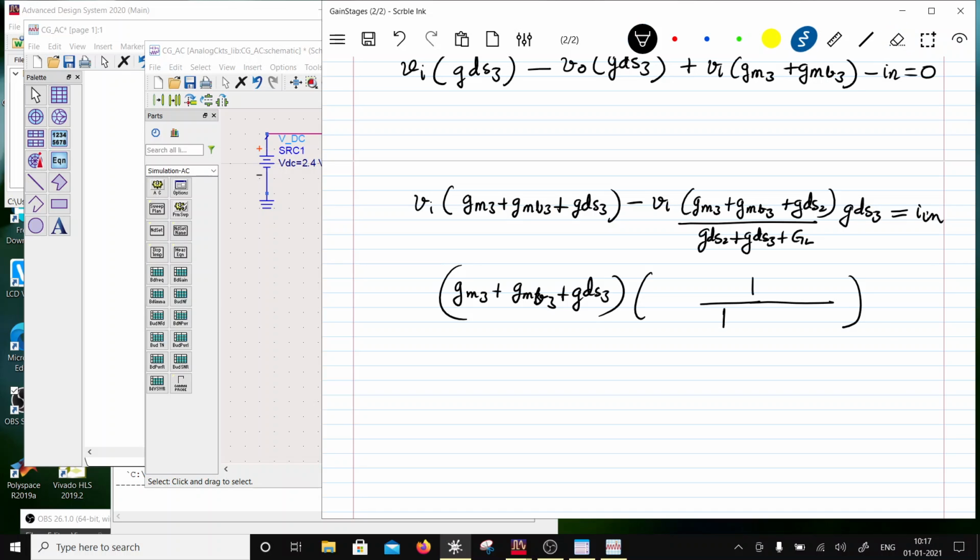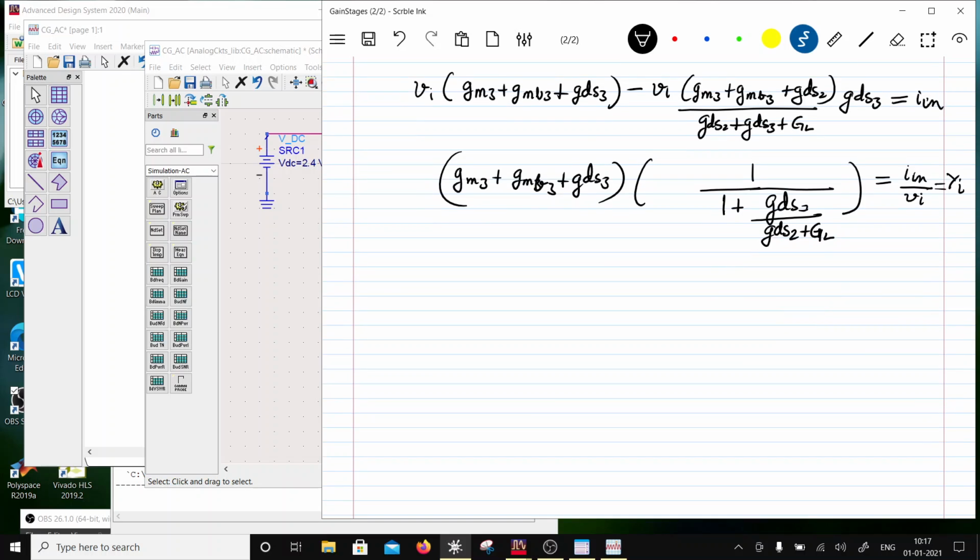I'm going to be left with 1 plus GDS3 divided by GDS2 plus GL. Okay, so that will be equal to IN by VI, which is equal to YI. So that is the input conductance.